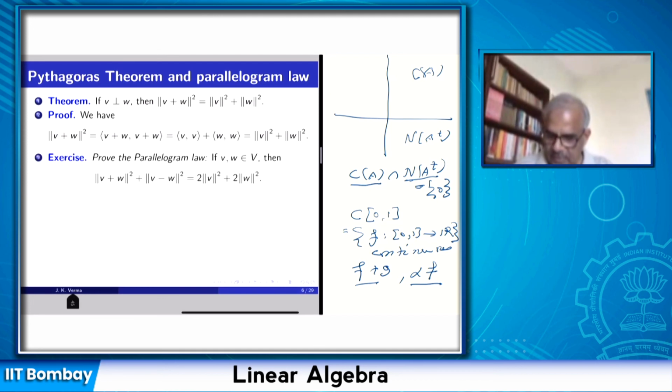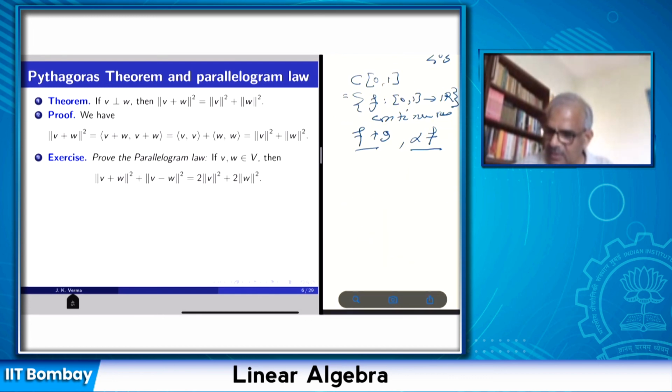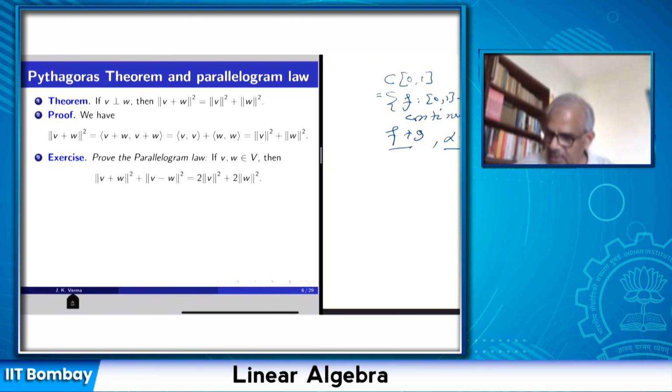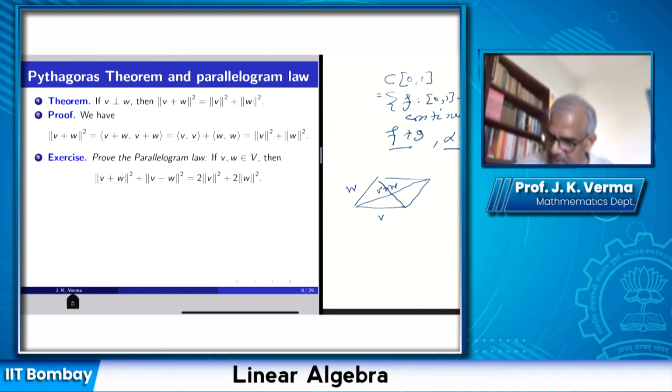Okay. Let's look at the parallelogram law. Remember the parallelogram law? You have a parallelogram. Suppose this is v and this is w, then this vector is v plus w, and this vector is v minus w.